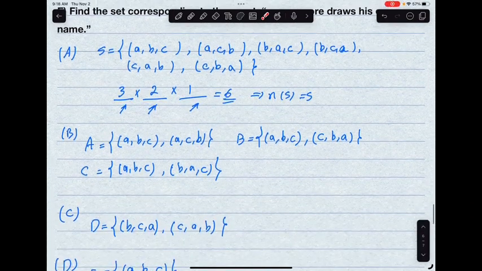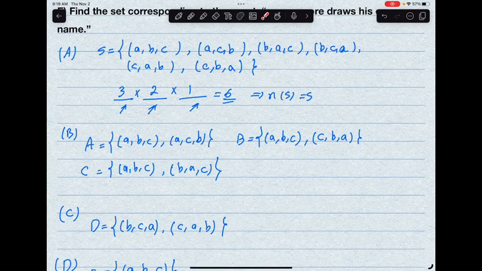If you look at this set, the first one can be, because A, B, C all choose their own name. This one can be, A selects his name. This one can be, Chris draws his name. This one cannot, no one draws his name. And this one, no one draws his name. And this one also can be.